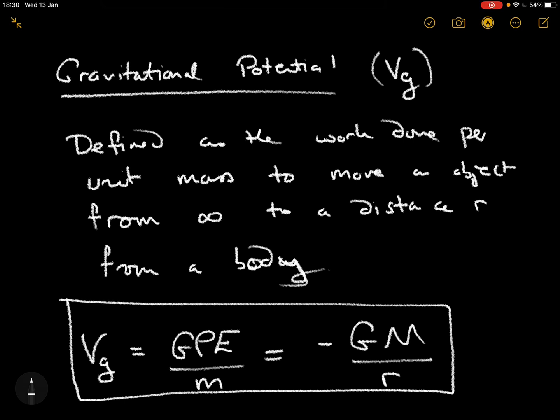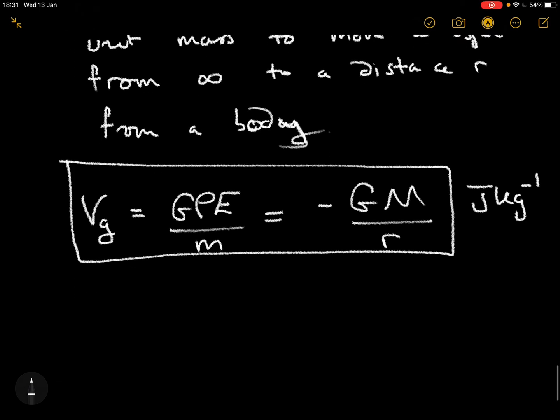And so you can work in terms of the gravitational potential, which is the change in potential energy per kilogram as you move to different distances away from another body.